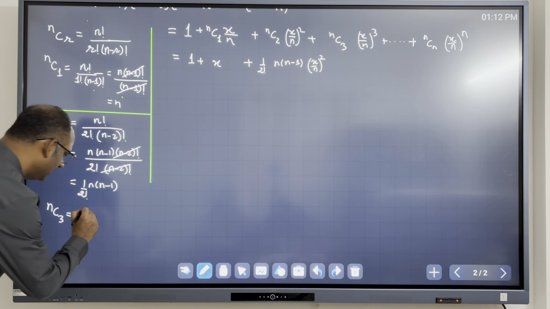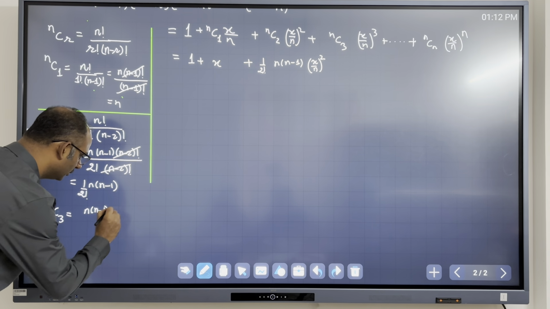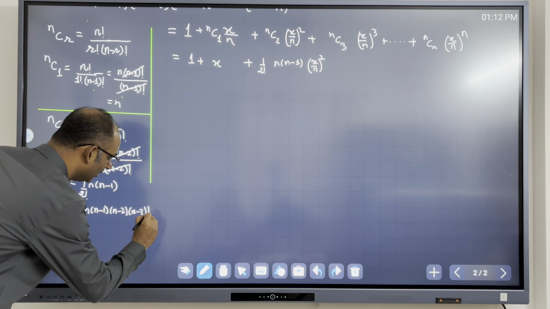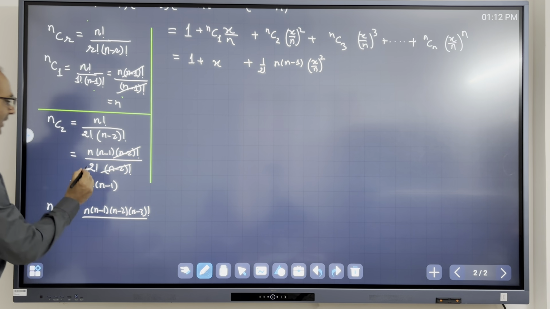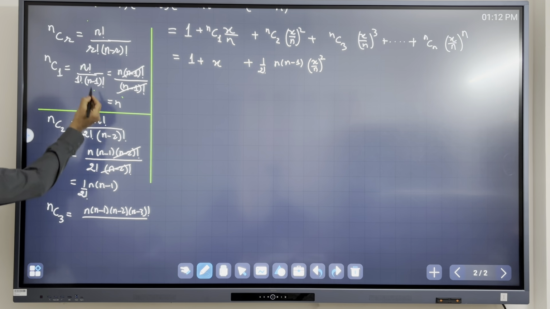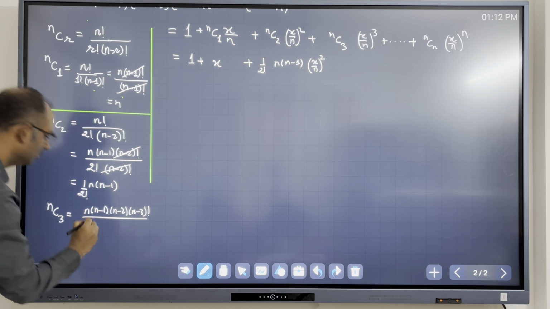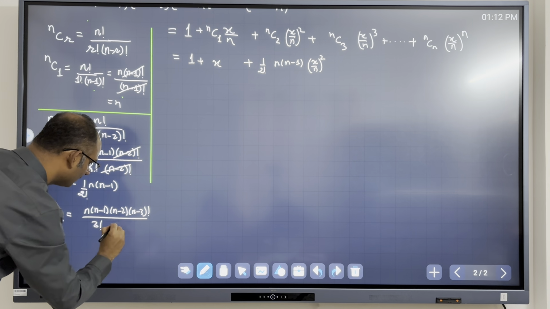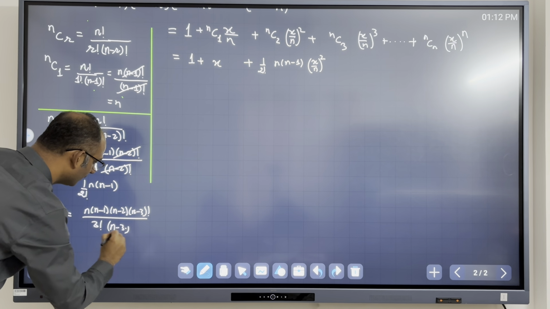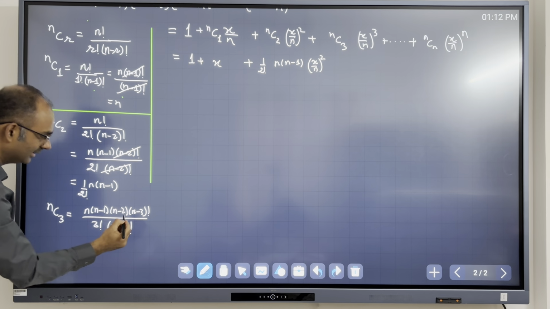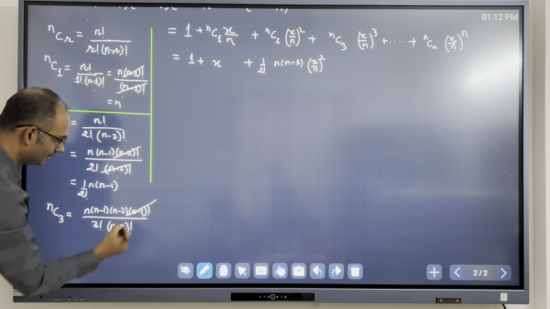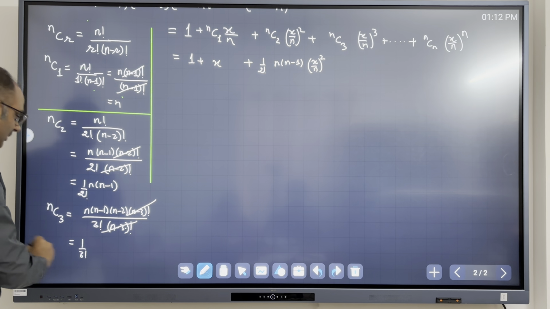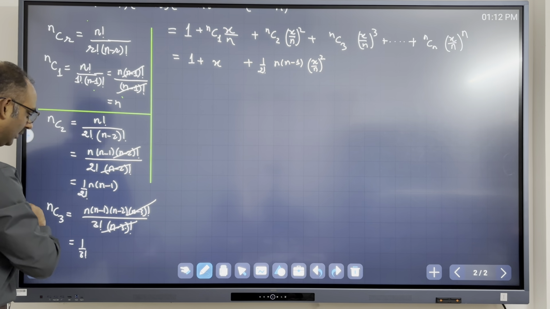So that will be n into n minus 1 into n minus 2 into n minus 3 factorial over 3 factorial coming from r factorial. R is 3, so 3 factorial n minus 3 factorial, and that n minus 3 factorial cancels, and then you have 1 over 3 factorial times n into n minus 1 into n minus 2.